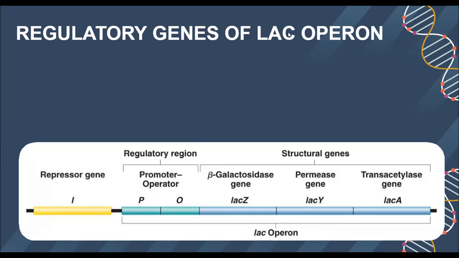Fine. So up till now, we have covered what the structural genes are. These are basically three genes which are involved in the metabolism of lactose. Let's say you suspend the E. coli in a medium which has lactose as sugar.